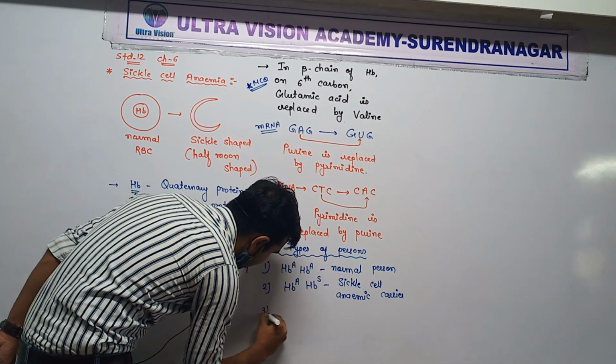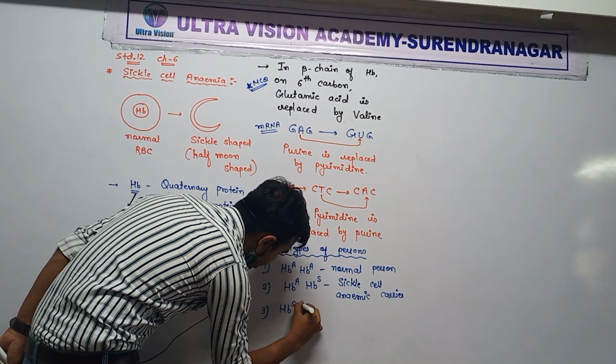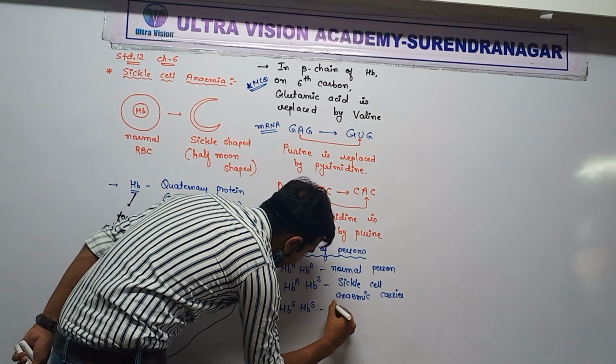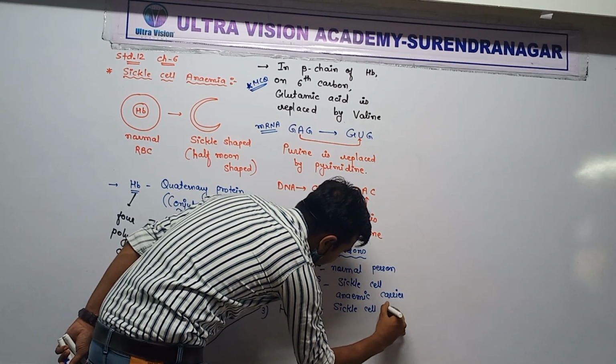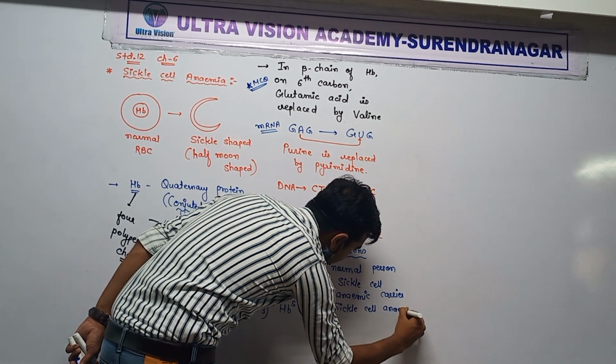And both the genes affected, HbS HbS, we say that sickle cell anemic person.